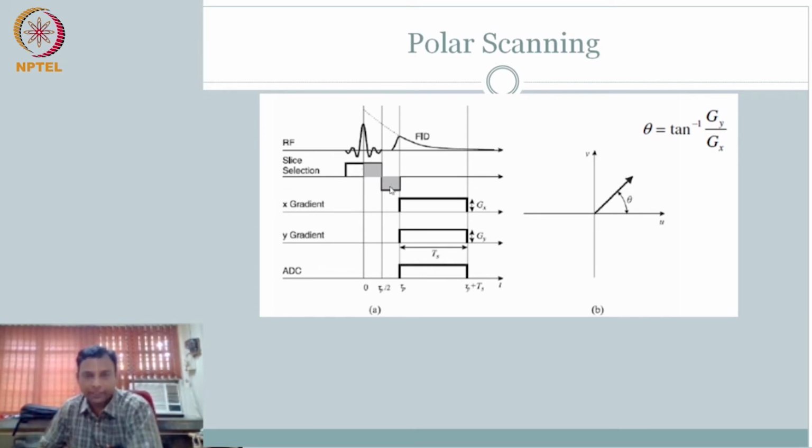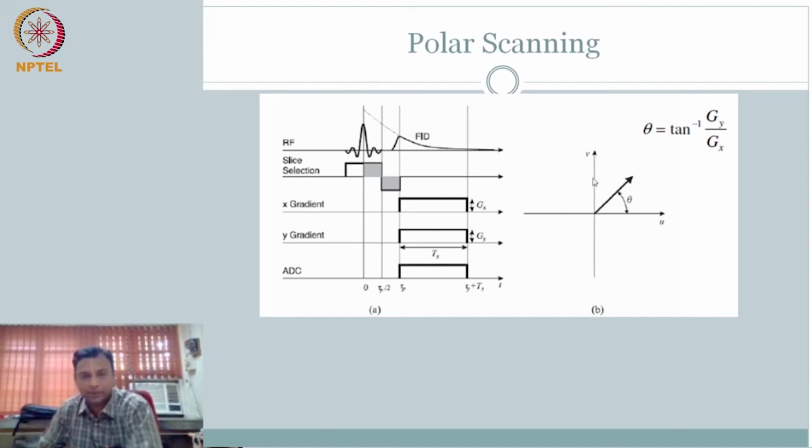Slice selection, refocusing, you make a signal come out. When the signal is coming out, if I apply Gx and Gy, I can move this vector. When I had only Gx, no Gy, it was lying here at 0 degrees. If I want some other theta, I will have to apply Gy. Gx and Gy are in my control, so I can get any theta I want.